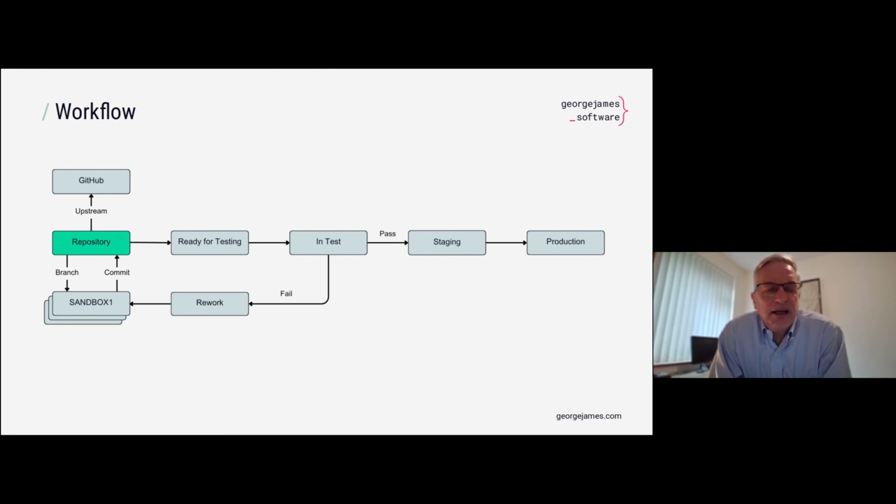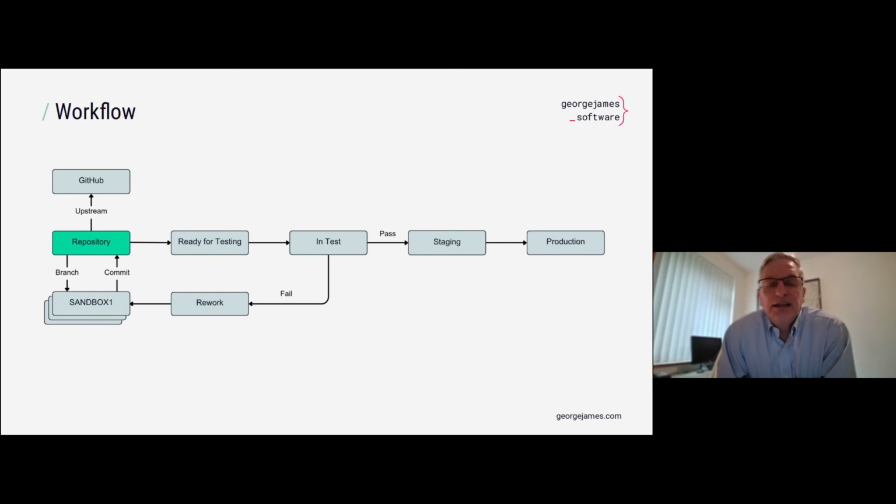And then the horizontal part of the workflow kicks in. When something is committed, it gets pushed into the ready for testing queue. And then from there, a QA person, somebody with a testing role, can pull items from the ready for testing queue, and drop them into another namespace on a different server where the code will be tested.